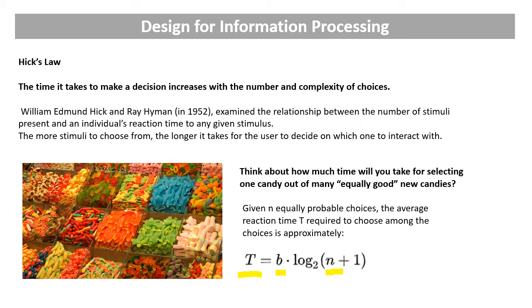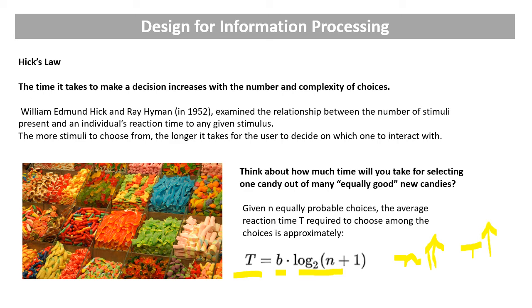So if n increases, then log to n plus 1 also increases, and hence t also increases, right? So if n increases, it means that t, which is the time, will also increase.